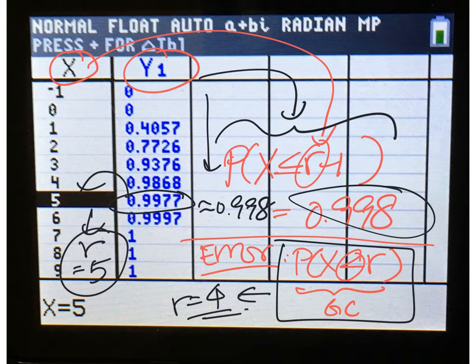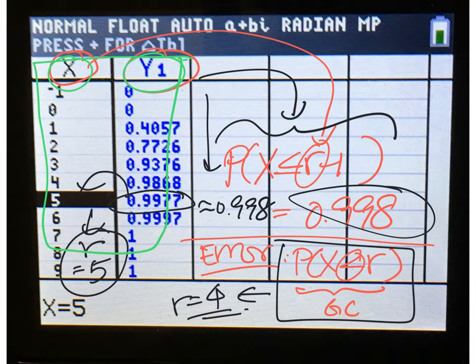Another comment is on the presentation of the solution. Some students just copy out this table with the column headings x and y1 without writing out what is x and what is y1.